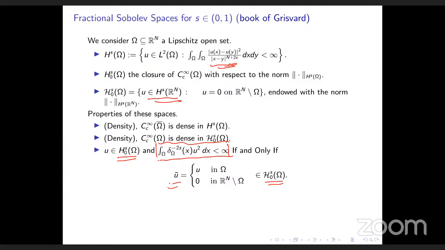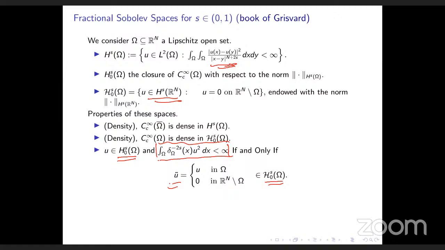But if you look carefully, one can see that the constant function 1, for s smaller than 1/2, belongs to H^s_0.